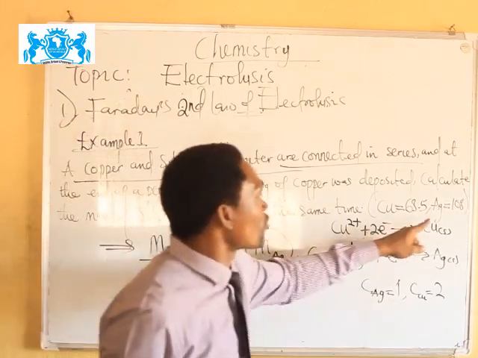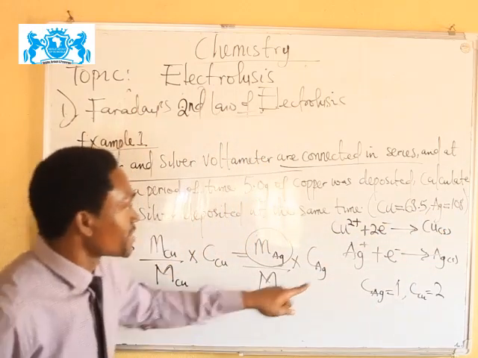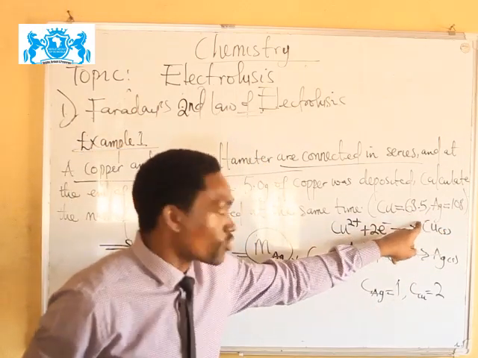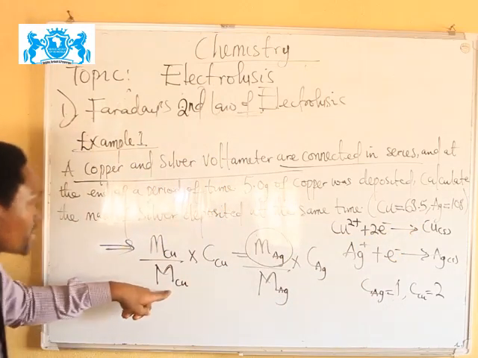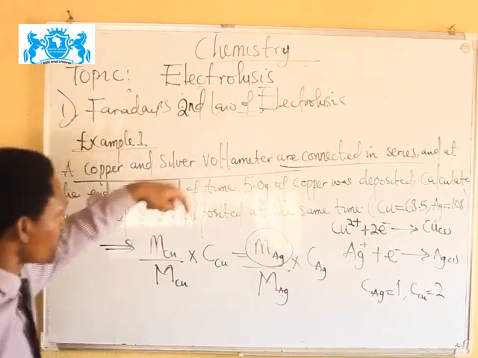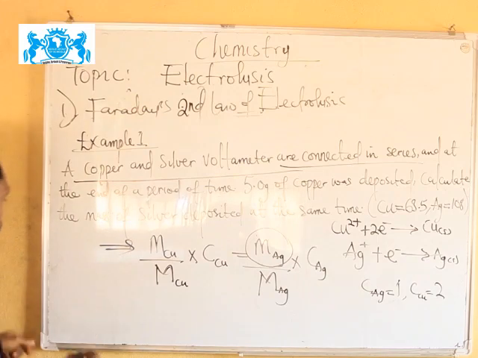Now, we are looking for the mass of silver deposited. You are given the molar mass of silver, which is 108, and the relative atomic mass of copper, which is 63.5. The given mass of copper deposited is 5. So now we're going to substitute.